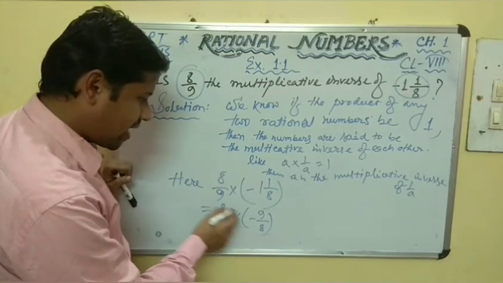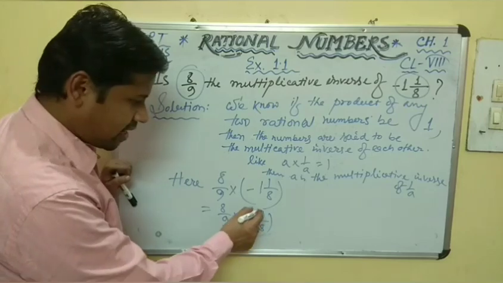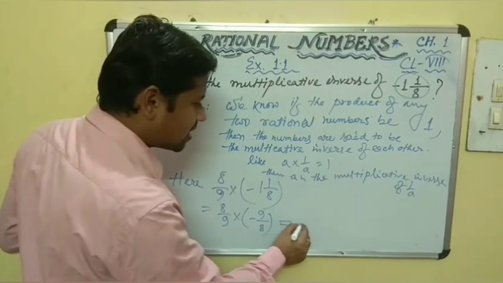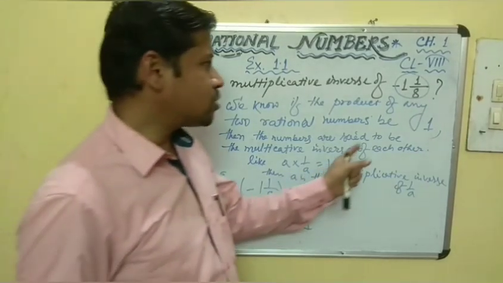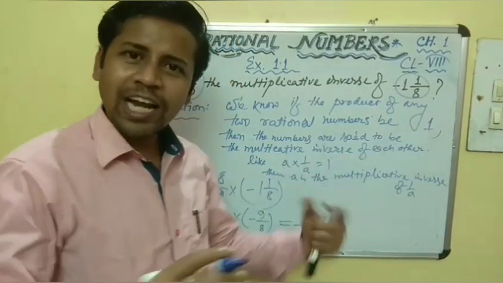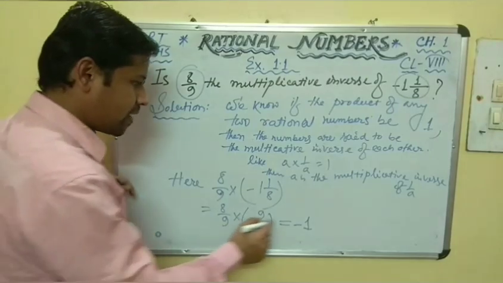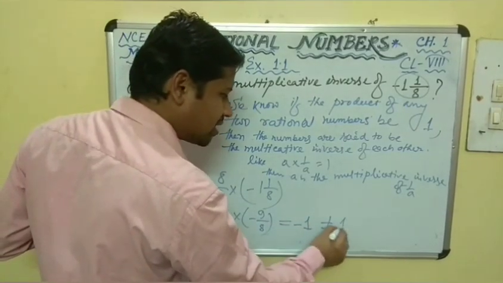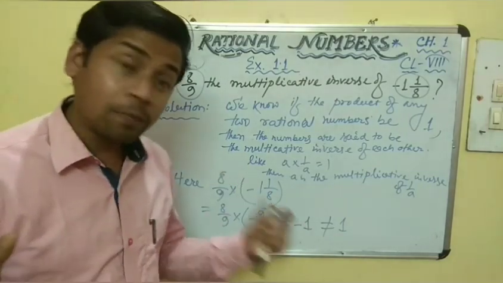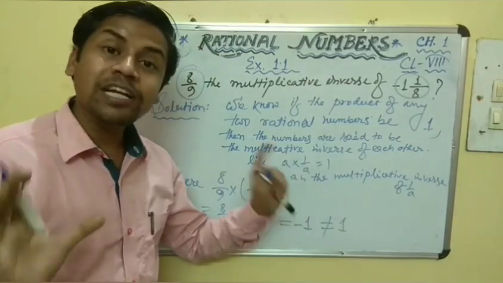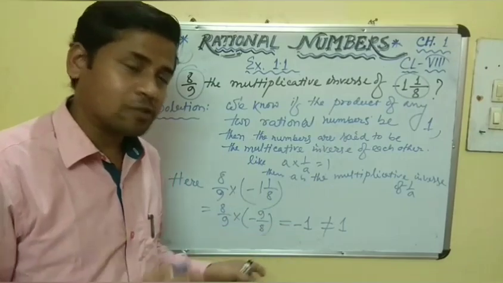Now this 8 and this 8 will be cancelled out, 9 and 9 will be cancelled out. The result becomes minus 1. But our result should be 1, not negative. It is minus 1, not positive.